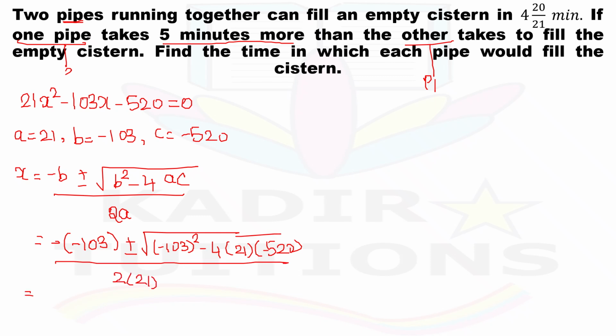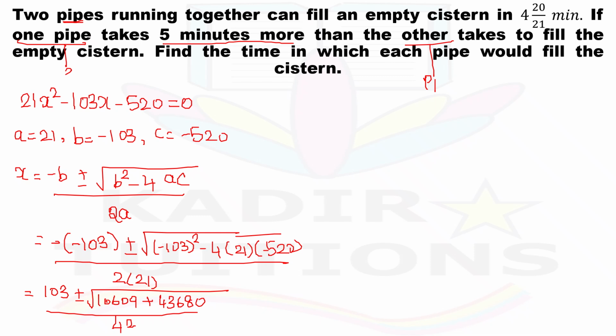So now minus into minus is going to be plus 103 plus or minus 103 into 103. If we multiply, we'll be getting the answer as 10609. And over here minus into minus is going to be plus. So if you multiply 4 into 21 into 520, we will be getting 43680, divided by 2 into 21, which is 42.